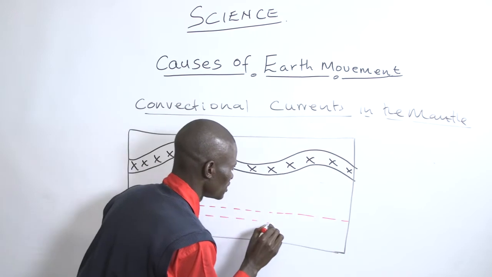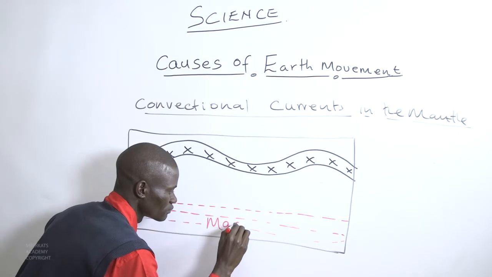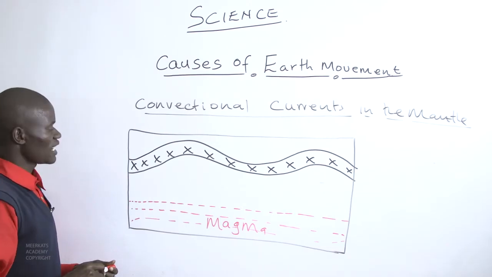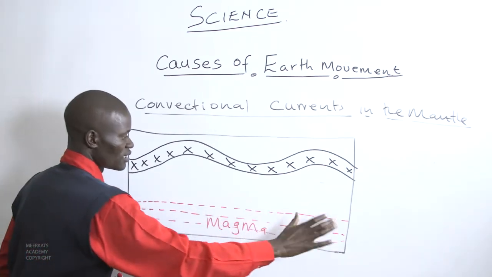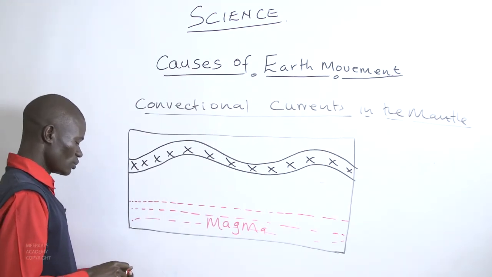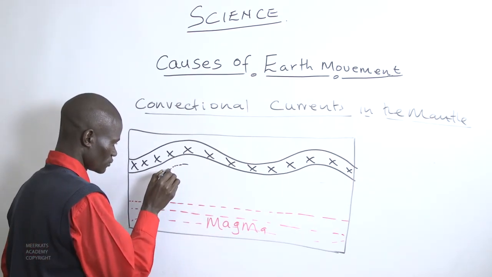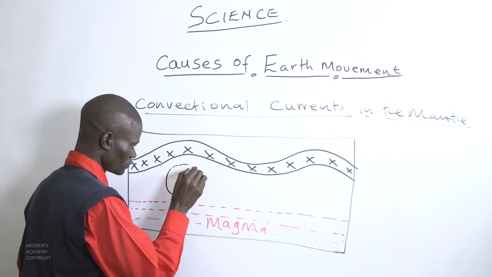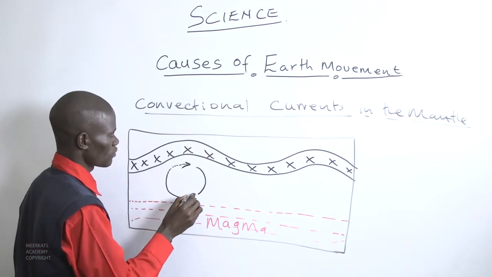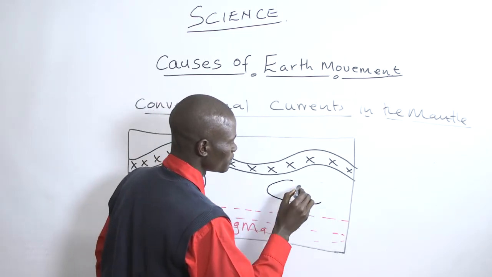And this is a representation of the magma. As magma moves within, it generates what we call convectional currents. And how are these currents generated? These currents could be generated in this way.